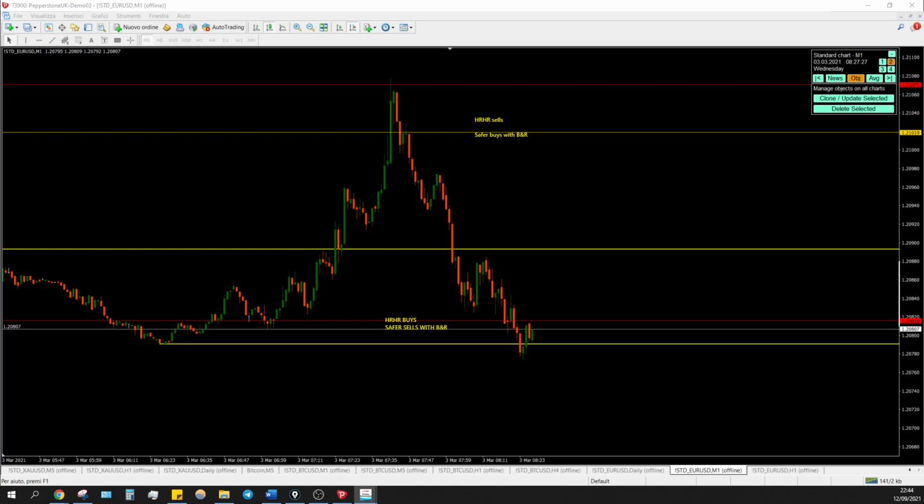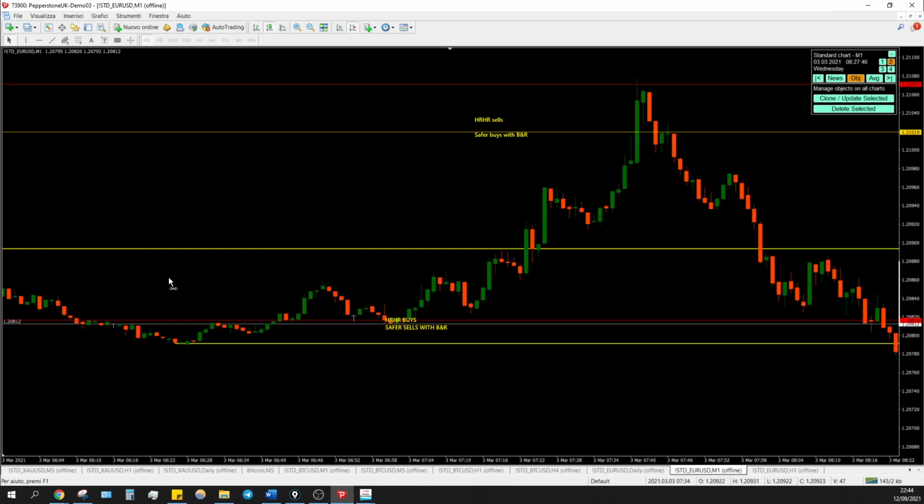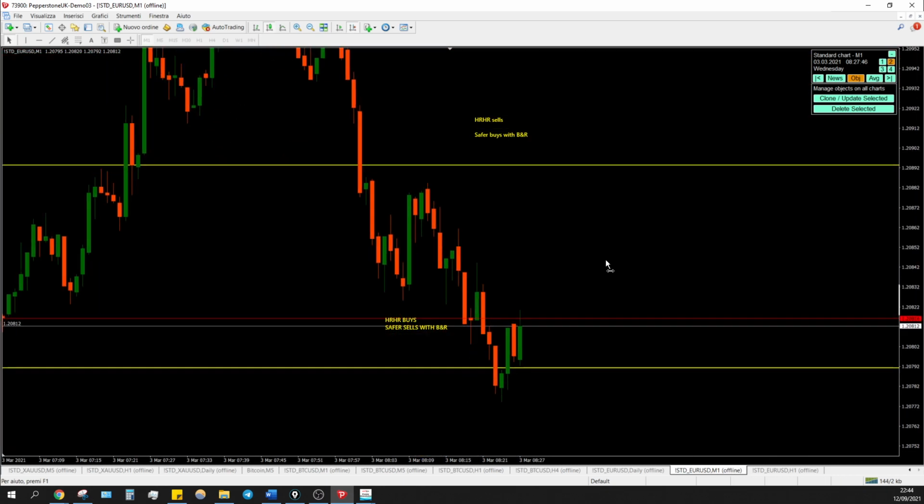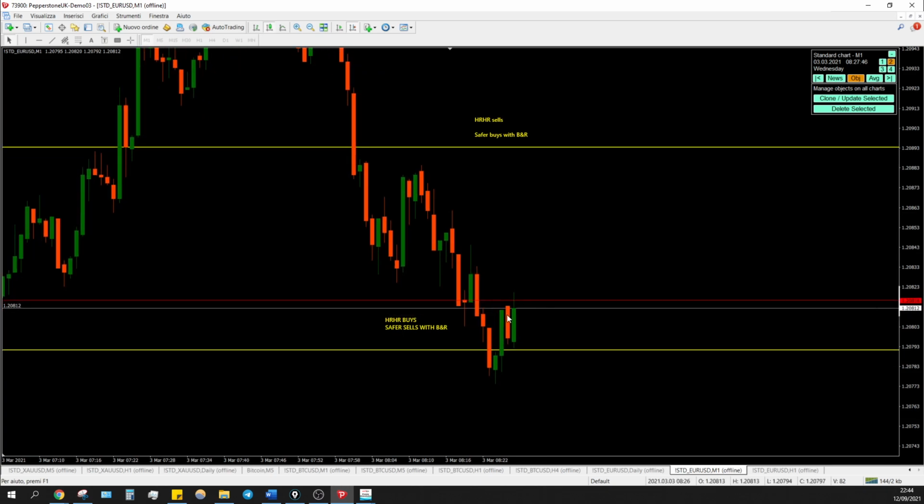Closing strong. Let's see if we still fail to break, let's see how it closes. If it still closes below, we might consider taking high risk, high reward sells. But it's very dependent. Also, we might be safer if we wait for the next candle. We want a very small candle, bearish possibly, or then the continuation down.